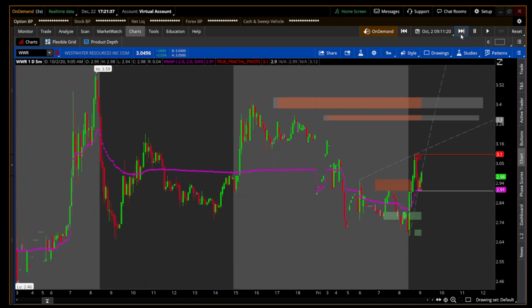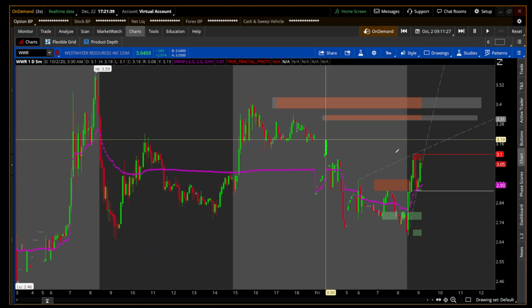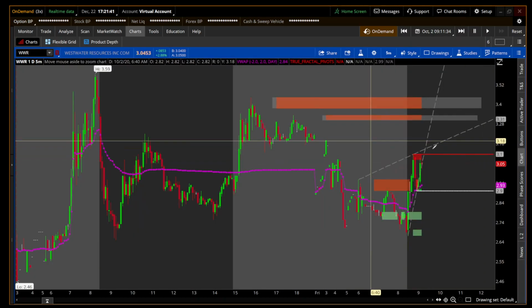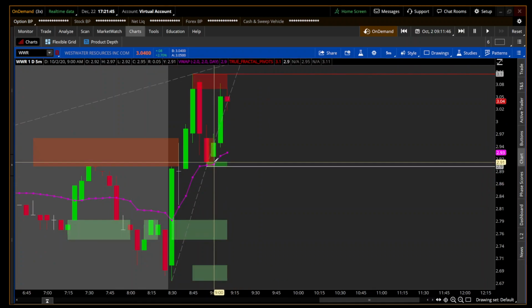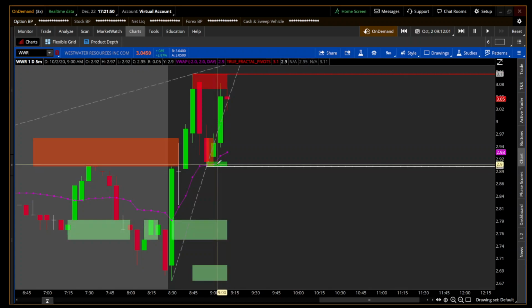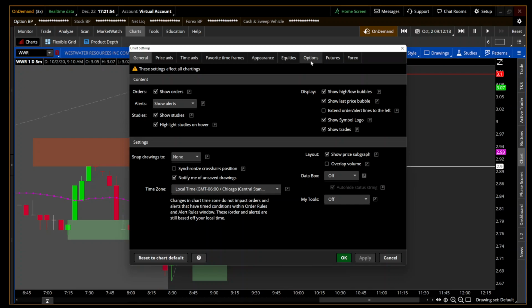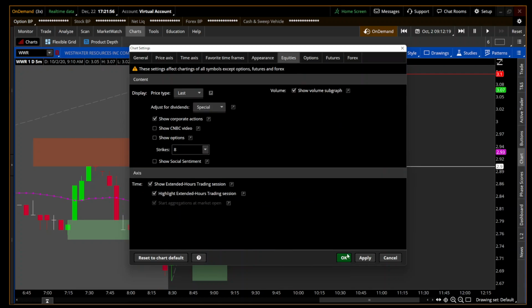So we're going to push it forward. And that's exactly what happened. And it created another area of demand. Demand came in there, and let me put on the volume so we can see that.